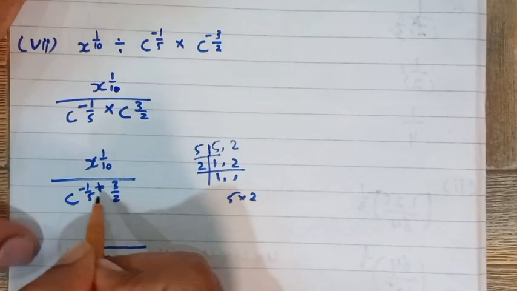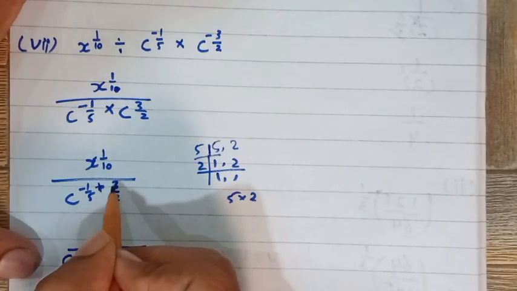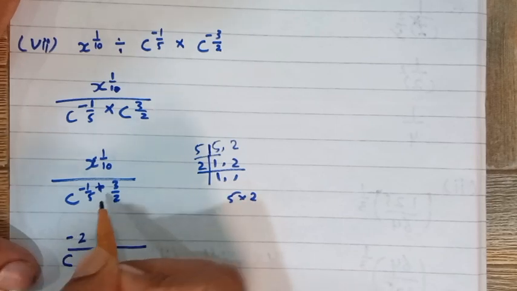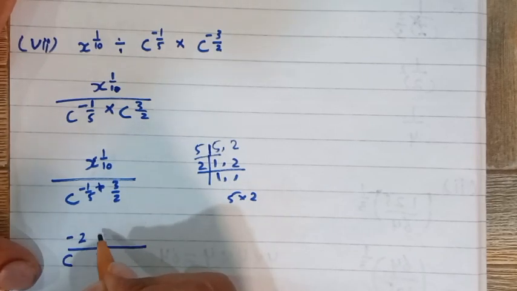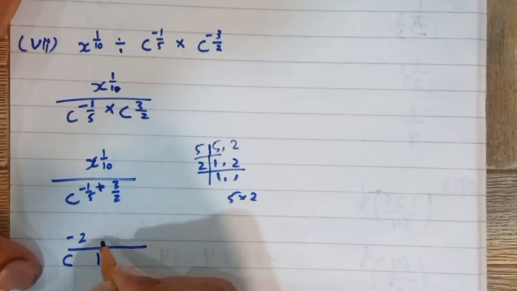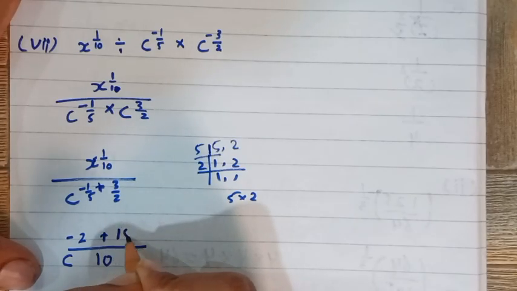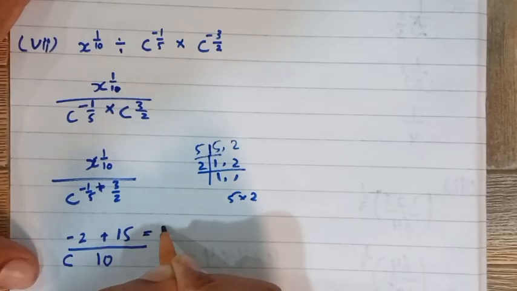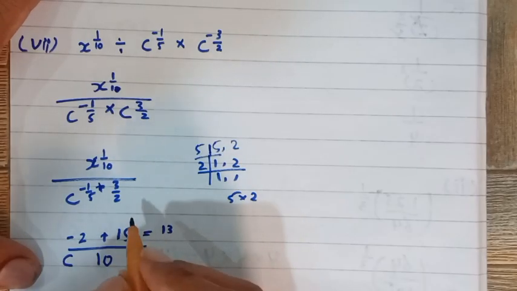We will do cross multiply here. 1 multiply 2 will be minus 2. Here, 5 multiply 3 will be 15. So plus 15 minus 2 will be 13.